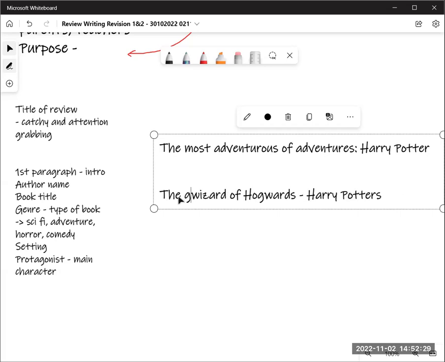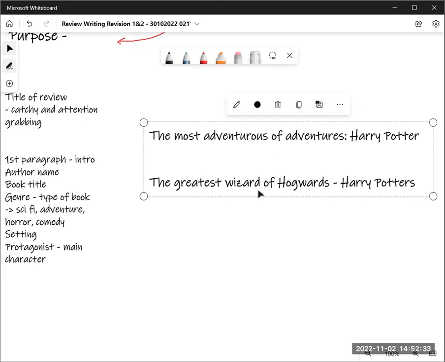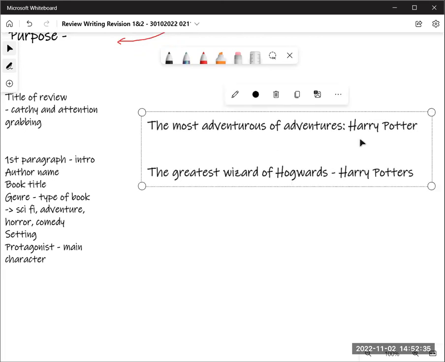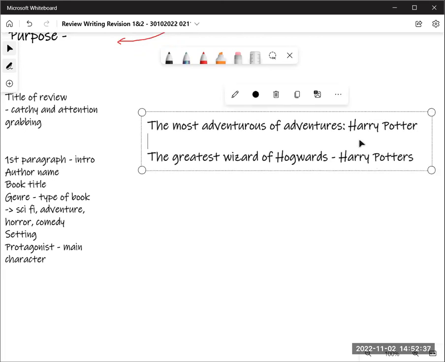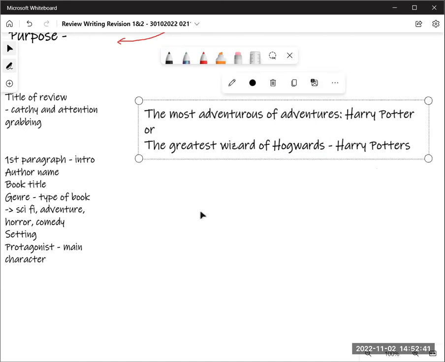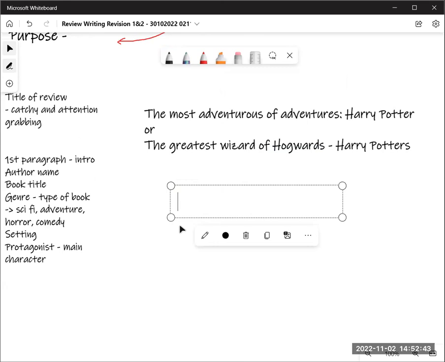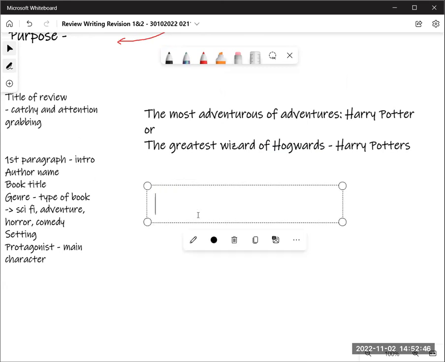Let's say the greatest wizard of Hogwarts. So all of these are fine, right? You can use any of these. Okay, that's fine. Let's move on. Now after this we have the author name.